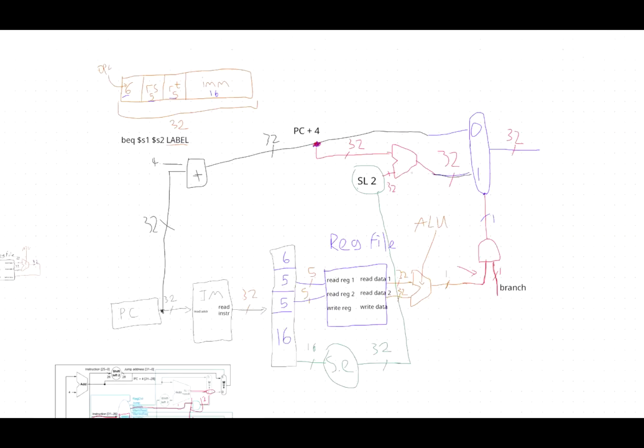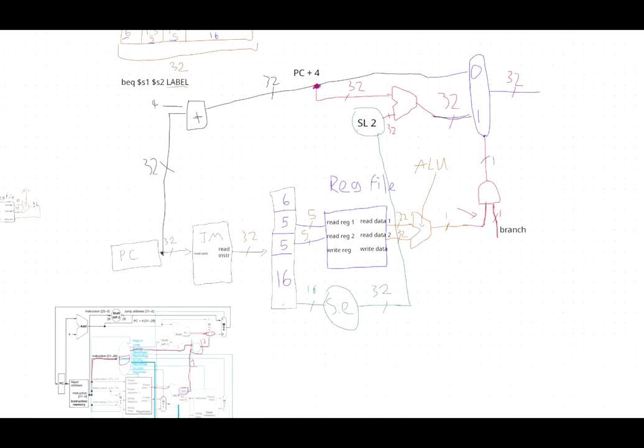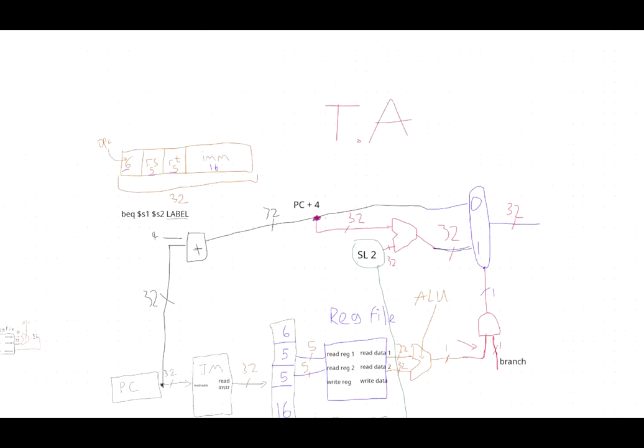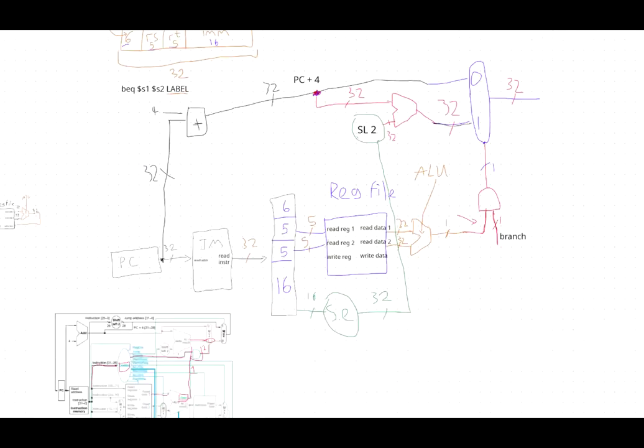So what's happening here? What did I just do? To say it one more time, with calculating the target address, the TA, you're going to see it a lot in class. You're going to have to find the TA in the load, the store, the jump. But when it comes to the branch, to find the target address, you take the immediate, you sign extend it.